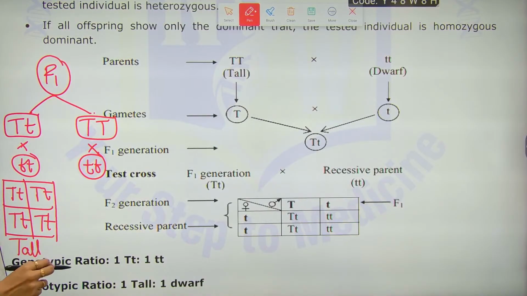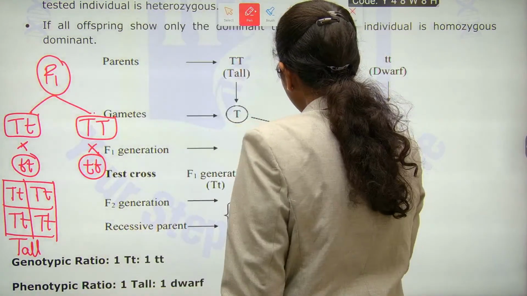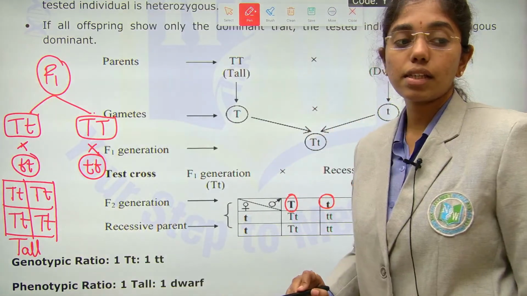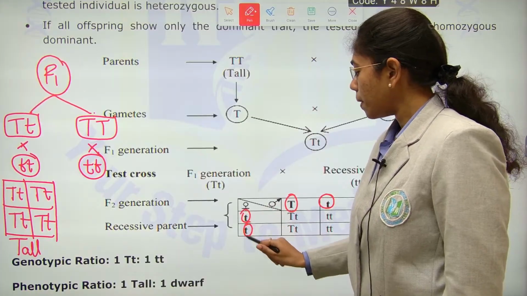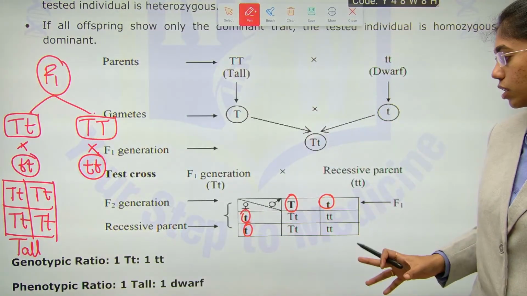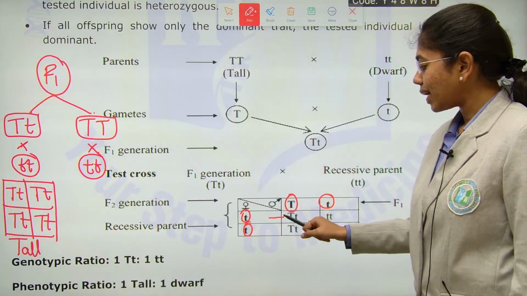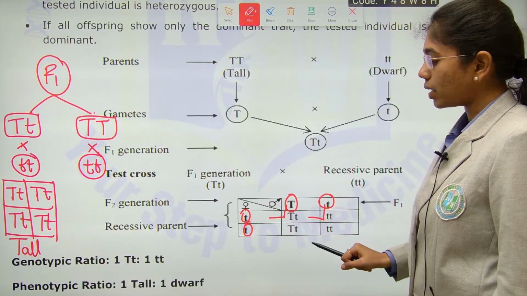But when a heterozygous F1 individual is crossed with a homozygous recessive parent, here you will get capital T small t and small t small t.